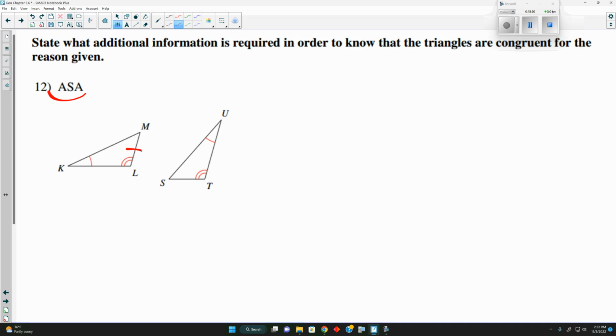And I'm saying ML and ST? So here's our 2 angles, yes? We want angle side angle, yes? So the side needs to be between the angles, yes? Is ML and ST in between? No. So which one is?